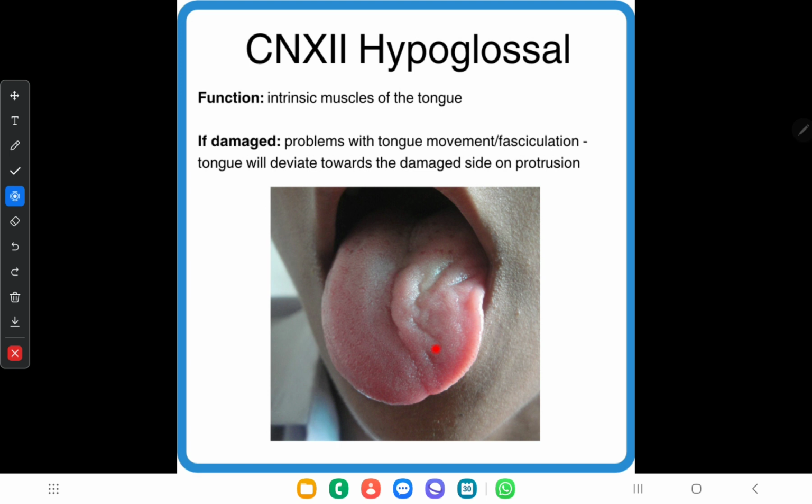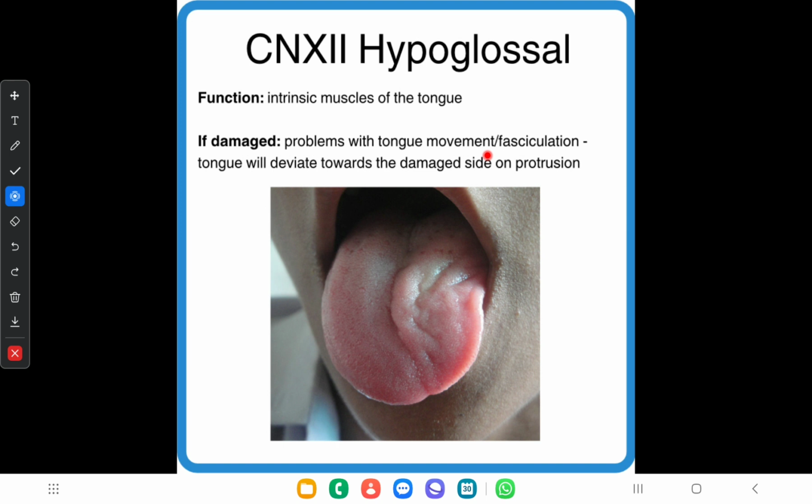So, if this deviates to the left side, then the lesion is in the left-sided hypoglossal nerve nucleus. In bilateral lesion of the hypoglossal nerve, the tongue lies motionless, causing difficulty in speech as well as swallowing.